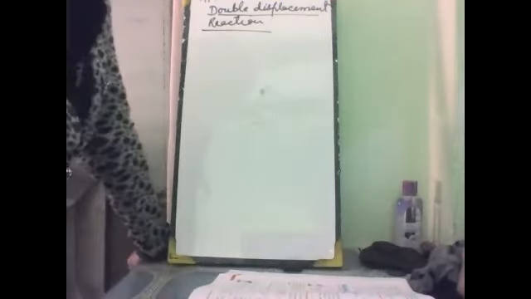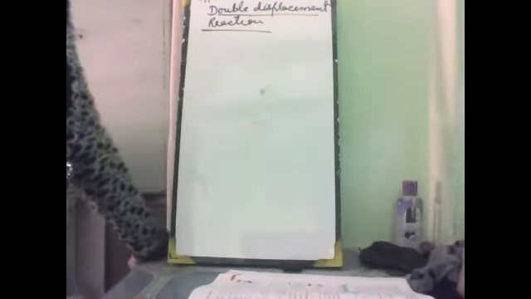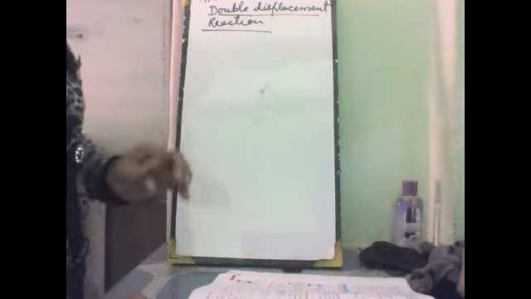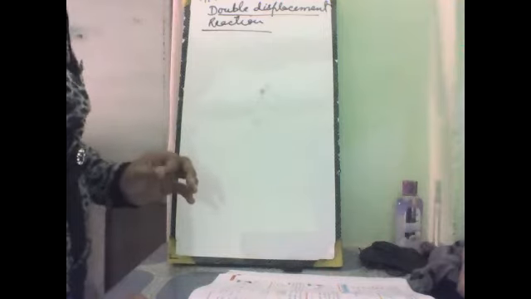When two substances react by exchanging their radicals and form new substances, the reaction is said to be the double decomposition reaction or double displacement reaction.